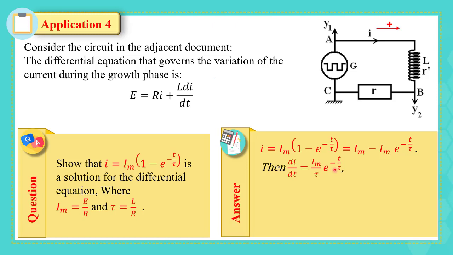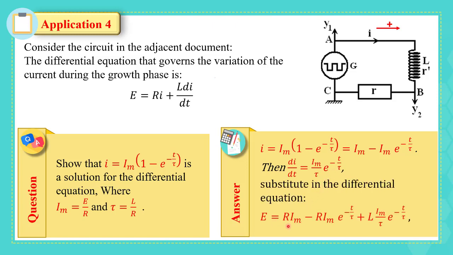Substitute in the differential equation, we will have E equal R into I maximum minus R into I maximum e to the power minus t over tau plus L I maximum over tau e to the power minus t over tau.